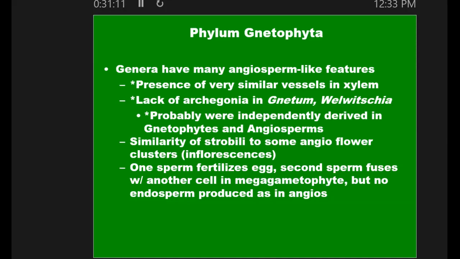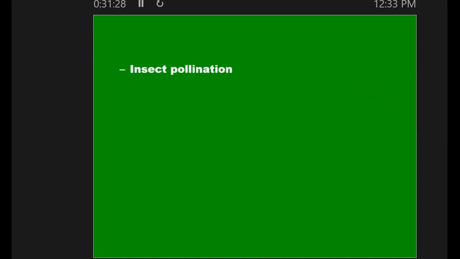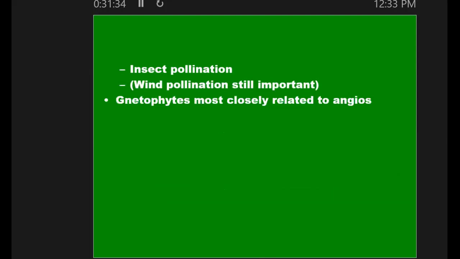Okay, so it's kind of similar to what we see in the angiosperms, so all of these kind of got the plant biologists excited, like, oh, maybe these Cnidophytes, the angiosperms came from them, but now they're saying, no, there's enough differences. They do see insect pollination, as I mentioned, in some of the Cnidophytes, but wind is still very, very important.